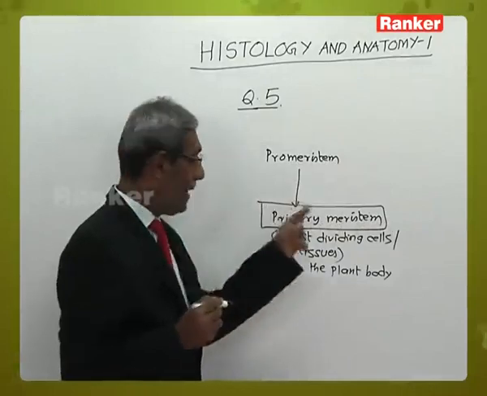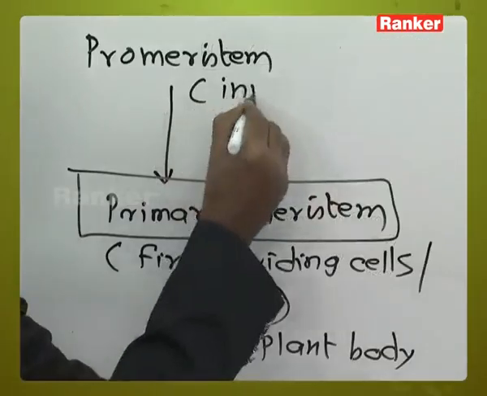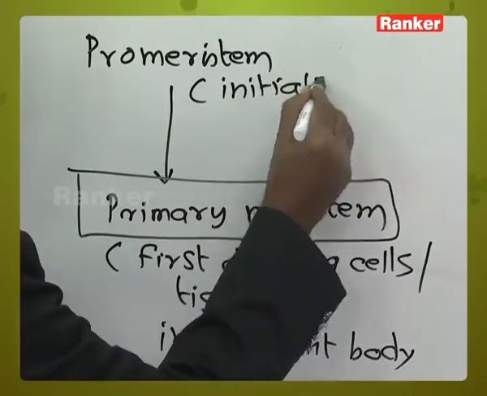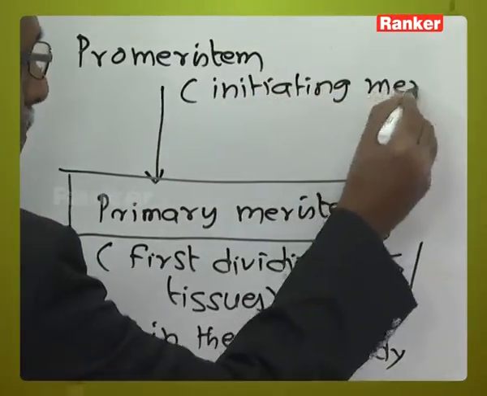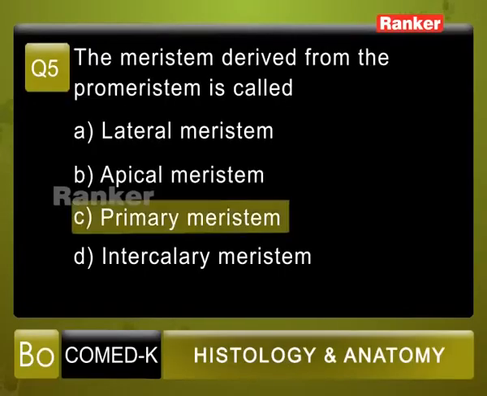They are derived from a single initial. The promeristem is termed as an initiating meristem. The answer is C.